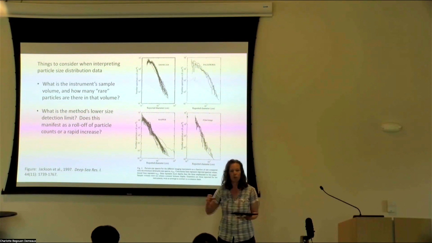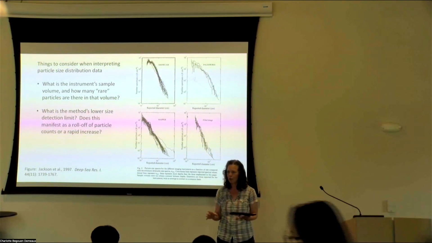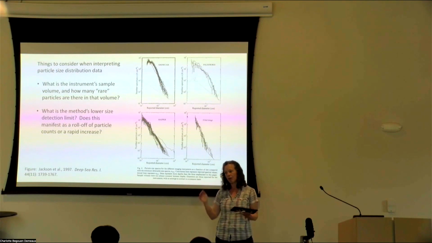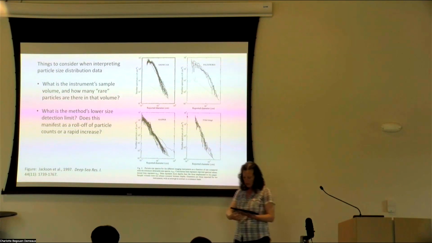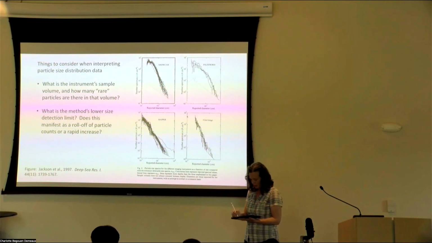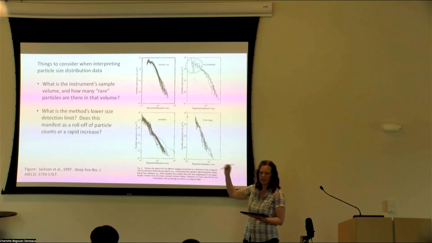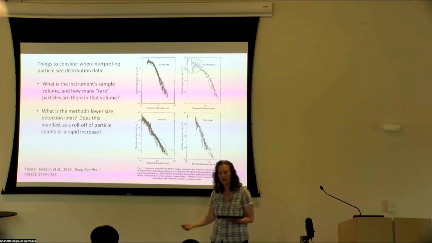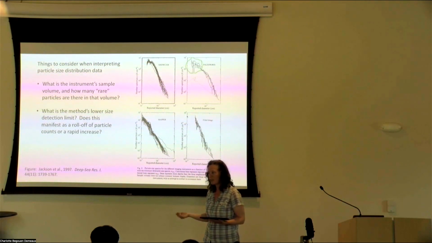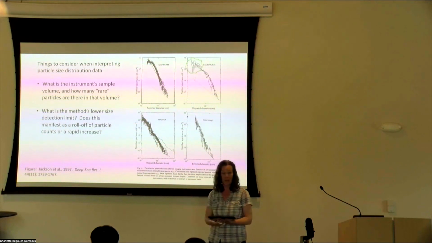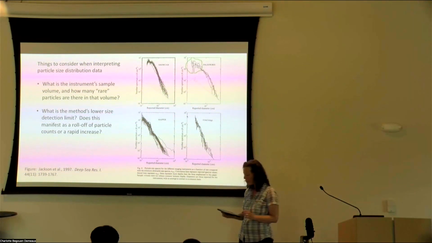There are certain particles you just won't be able to resolve because they're too small. So when you get down to that end of your particle size spectrum, you start to see things like this, where your spectrum starts to roll off and get noisy as you get really small. Knowing where that is for your instrument, so that you can treat properly the data coming from that part of your size spectrum, is also really important.